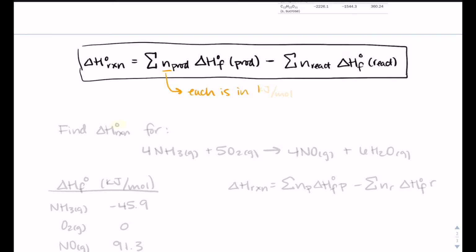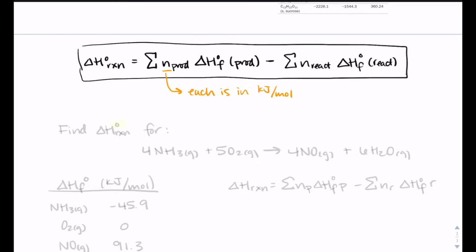So we're just going to know that all of the reactants were zeros, look at the compound that I have and the enthalpy of formation, and then use that in a calculation for a different reaction.